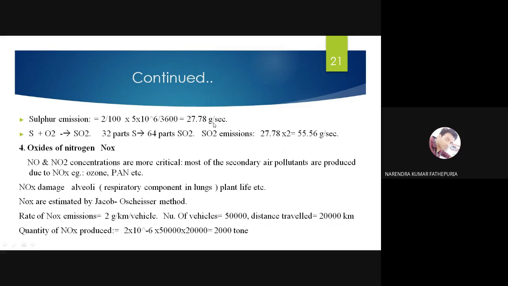You will get 27.78 gram per second of total sulfur emission. So S plus O2 gives SO2, and the molecular weight you can calculate.